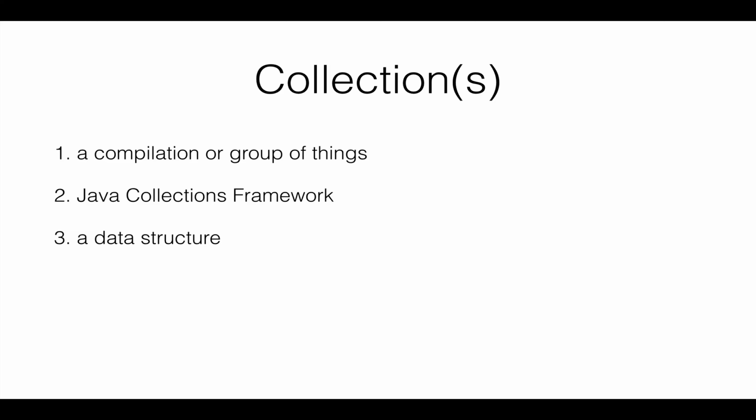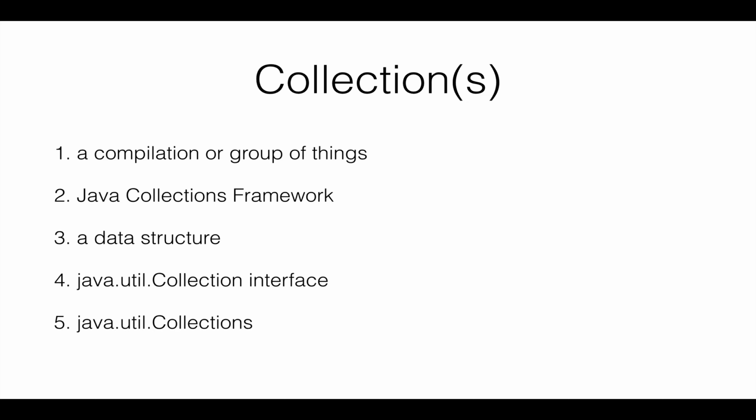Think of a box or container that can hold a group of objects, like an array, for example. Fourth, the Java Collection interface, one of the two main interfaces of the Java Collections framework. And fifth, java.util.Collections, a utility class that will help you to modify or operate on Java collections.